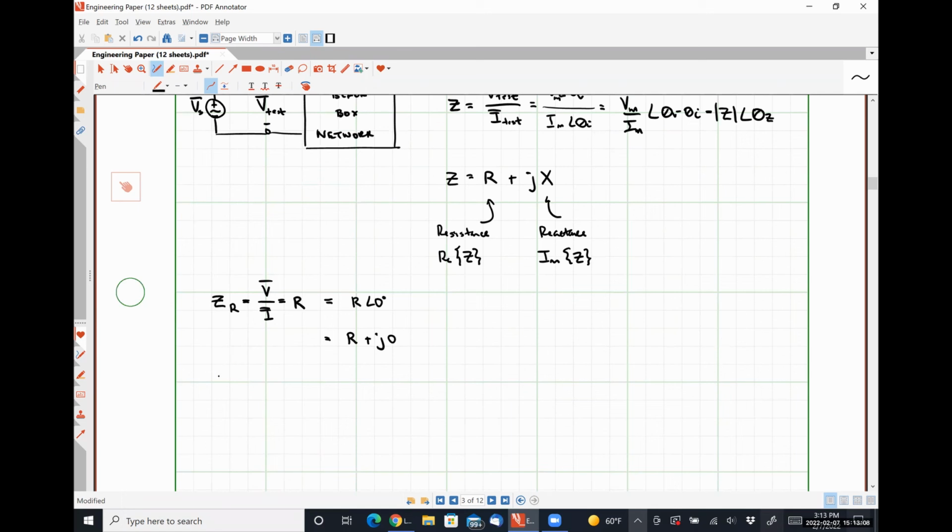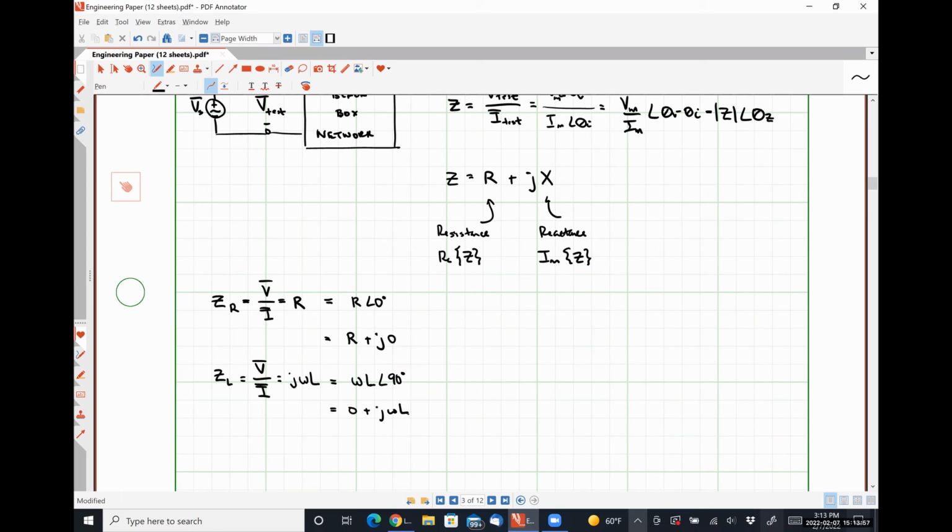Let's look at an inductor. The ratio of the phasor voltage to the phasor current for an inductor is simply j omega L. Which looks like omega L angle 90 degrees for a polar form representation, and 0 plus j omega L as a rectangular form representation.